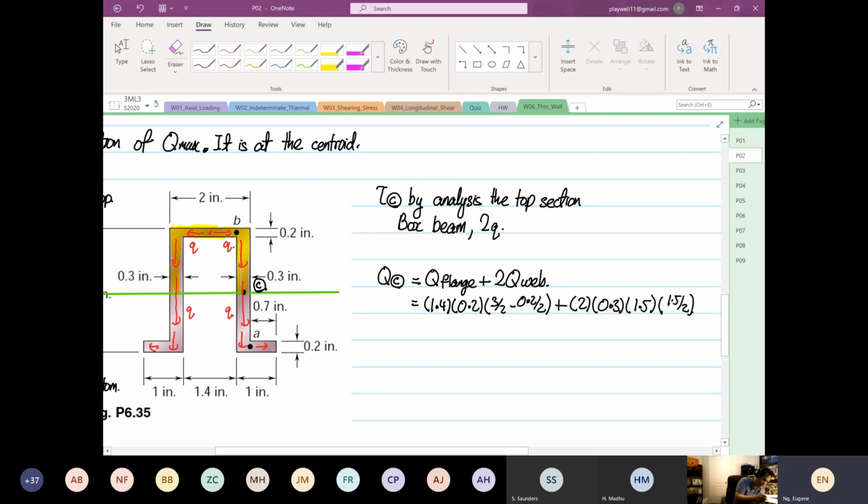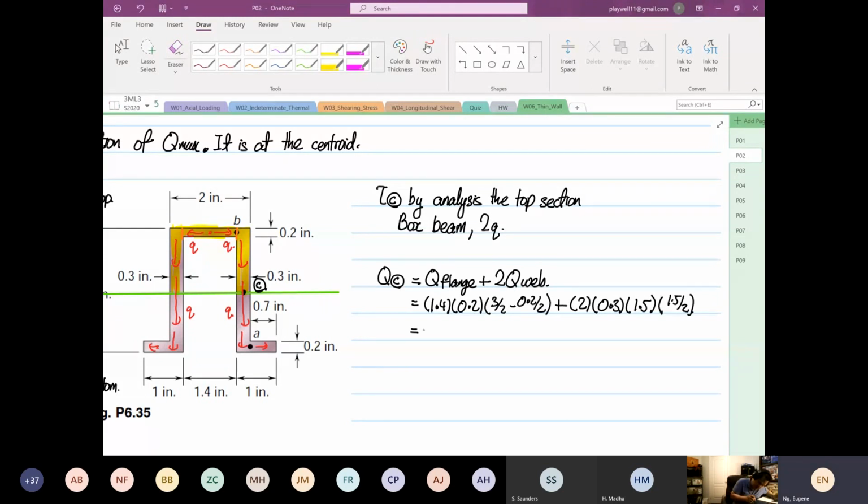So how I divide this is I divide this way, right? This is how I divide it. So from here, this will be equal to 1.4 times 0.2 times 1.5 minus 0.1. So it's equal to 0.392, right?